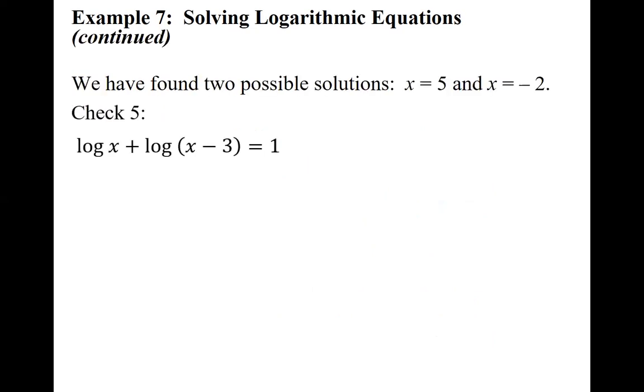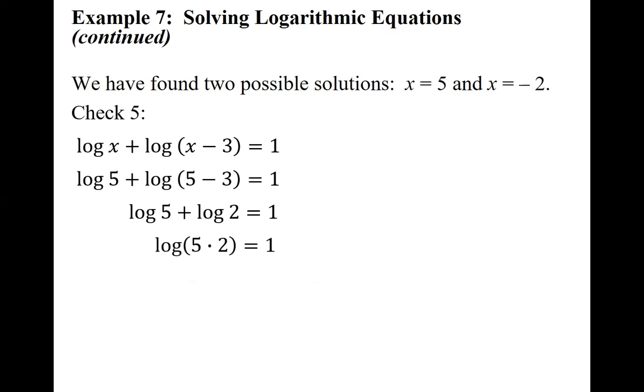When we check 5, we get log 5 plus log 5 minus 3 equals 1. 5 minus 3 is 2. So log 5 plus log 2. That's the log of the product, log of 5 times 2, which is the log of 10, which is 1.